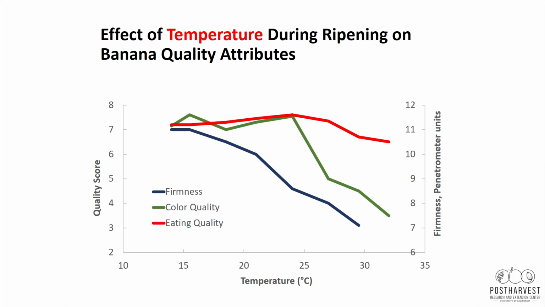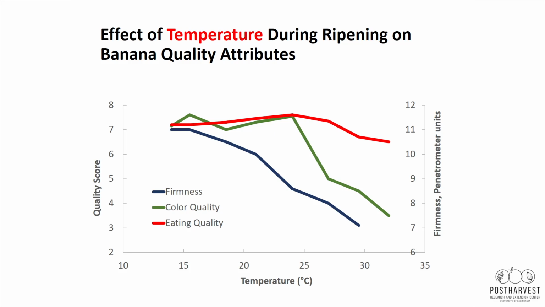The point here is that eating quality is actually pretty flat. The color quality is good until you get above 77 degrees, and then you're actually inhibiting color development of the ripening fruit. It's very similar to other commodities. You heard that on mangoes from Jeff.